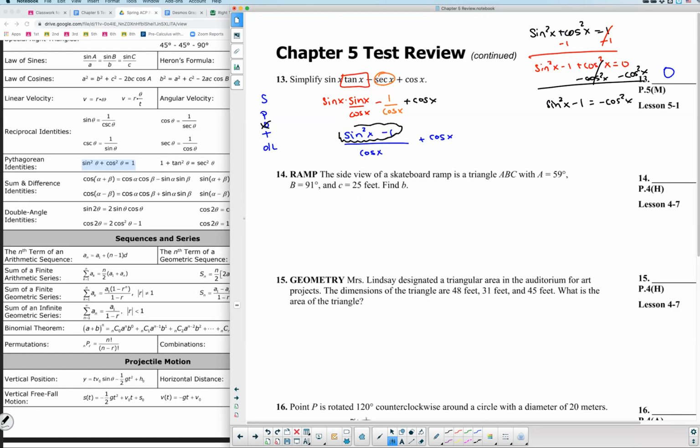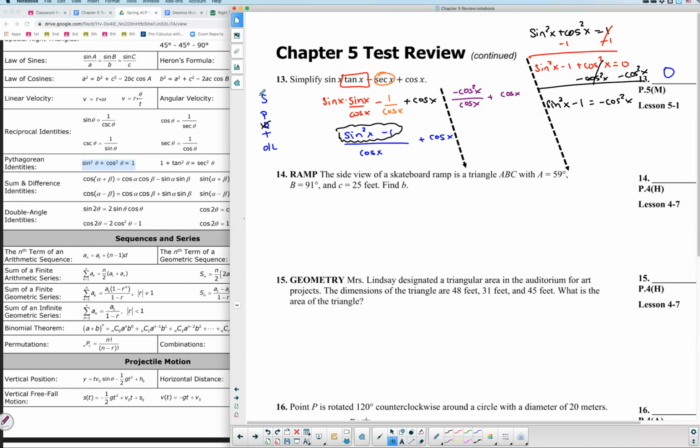That sine squared minus 1 will equal negative cosine squared. So I'm going to do a little visual aid. Okay, so we're going to say negative cosine squared x over cosine. That was Pythagorean right there, plus a cosine.